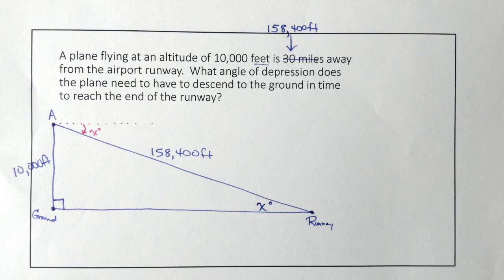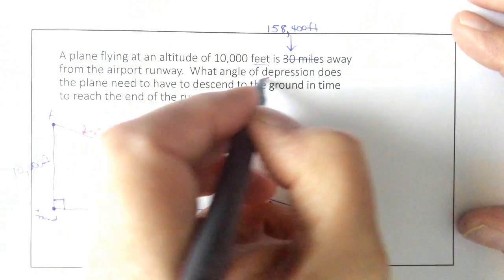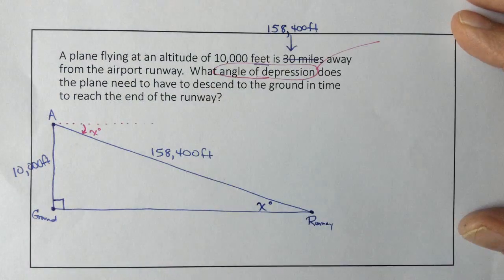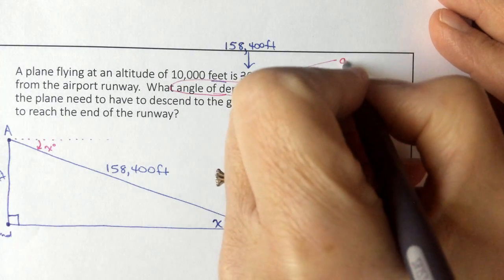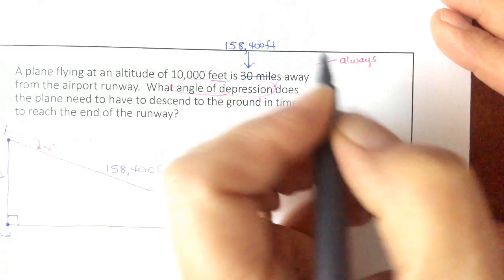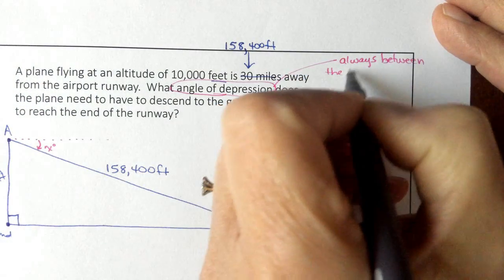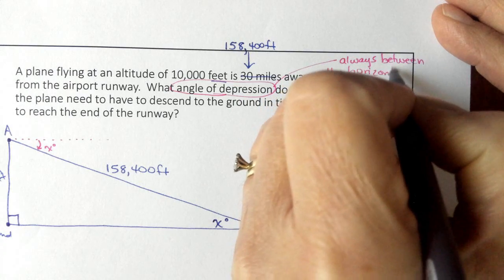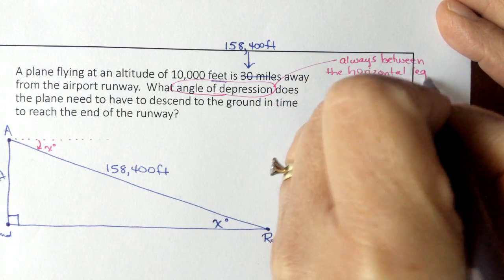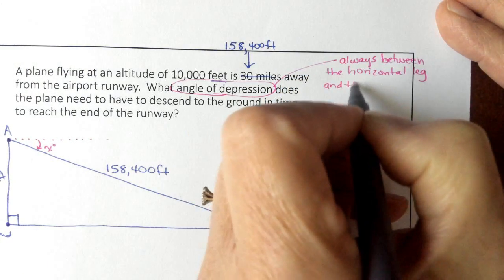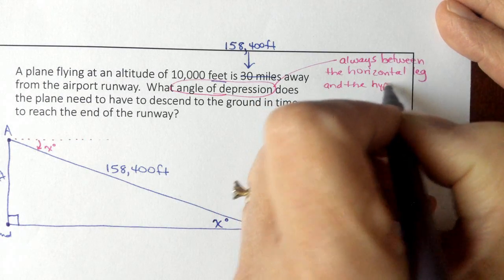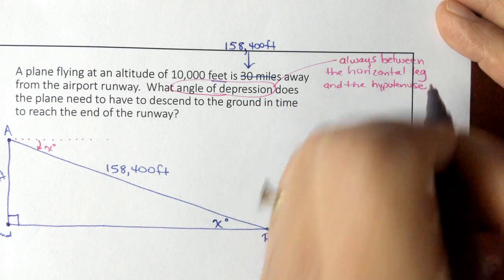Here's a really good hint about angles of depression. Angle of depression hint, make a note. It's always between the horizontal side, the horizontal leg, and the hypotenuse.